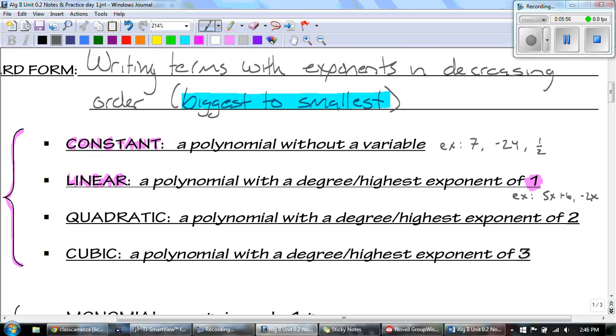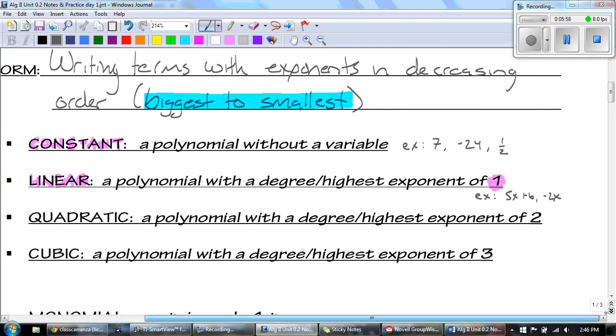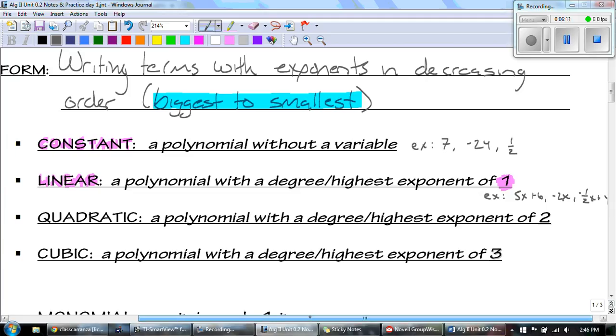There's only a variable. Let me do one more. We'll do negative 1/2 x plus y. When we have a variable, the highest exponent is 1. You guys starting to get the hang of this?